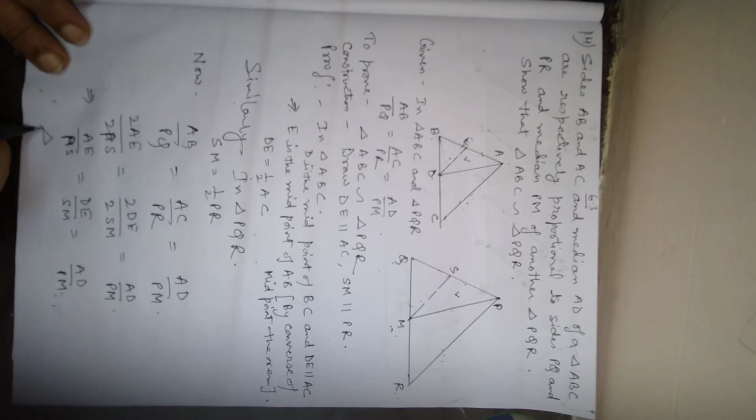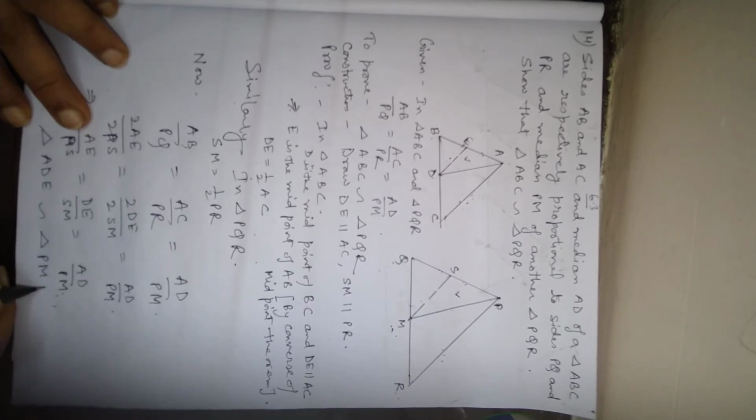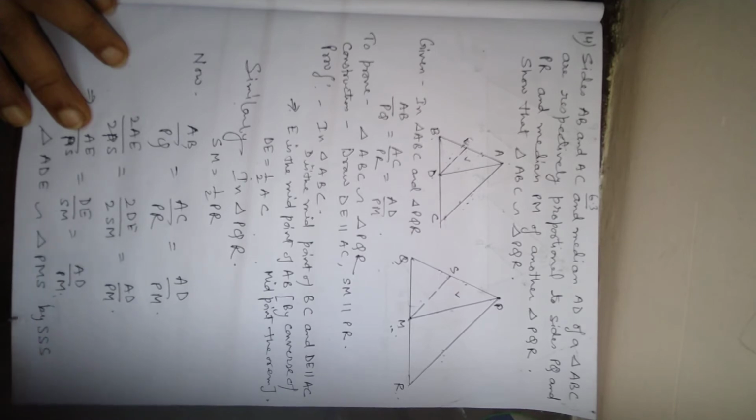It means these two triangles are similar by SSS. The ratio of the three sides are equal. Therefore, triangle ADE is similar to triangle PMS by SSS similarity.